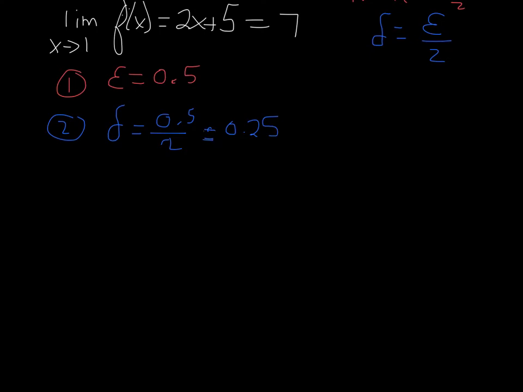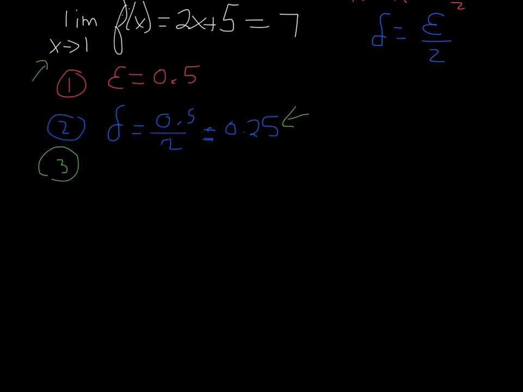So he's going to choose a delta of 0.25. Now, according to the instructions in the game, in the third step, player A comes back, and he's going to choose an x value that's within delta, in other words, within 0.25 of our A value. Remember, our A value is 1, right? Here's our A value right here.